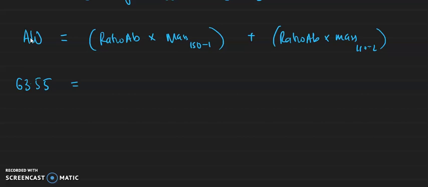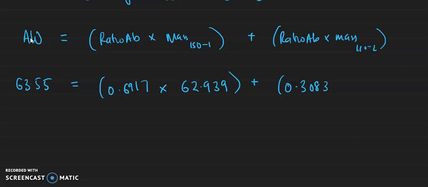The ratio abundance of the first is 0.6917. The mass is 62.939. Now the ratio abundance of the second isotope is 0.3083, and we have to find the mass of the second isotope.